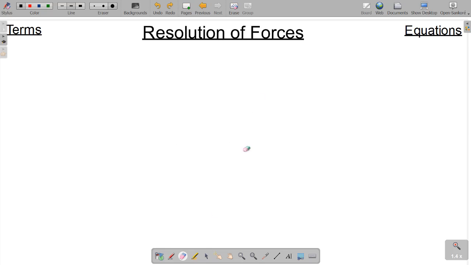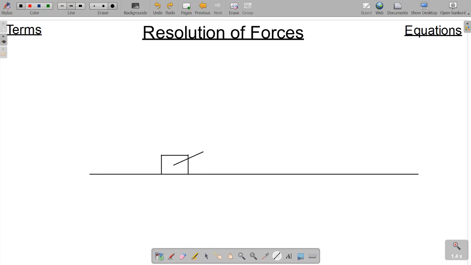So now let me go more into the applications. You have a ground, you have an object, and you are pulling with a force in this direction, F, with the magnitude F. You're pulling it in this direction because the ground is this way.